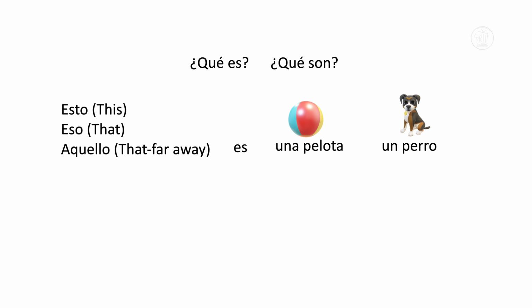Aquello es una pelota. Or, aquello es un perro. So again, I am saying that is a ball and that is a dog.